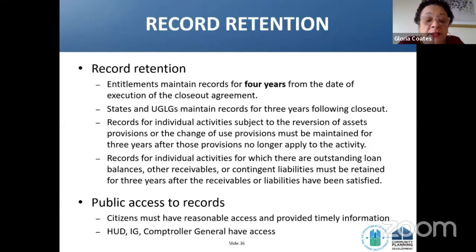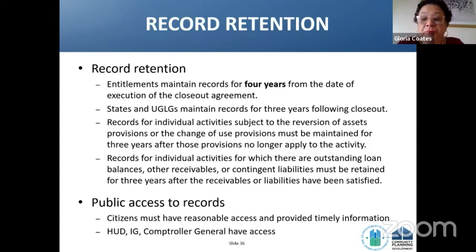Also, public access to records. The Part 200 requirements state that citizens, it's in the 300s of the CFR, have to have reasonable access and be provided timely information with regard to records.